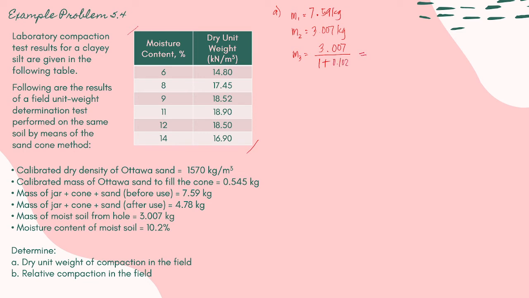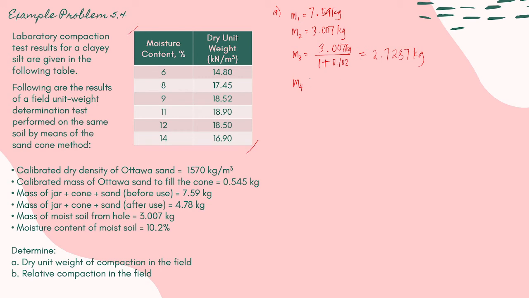The mass of the dry soil is now equal to 2.7287 kilograms. And for M sub 4, that is the mass of the sand, the jar, and the cone after filling the hole.